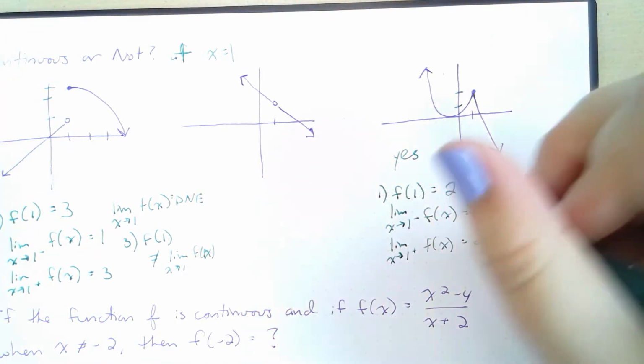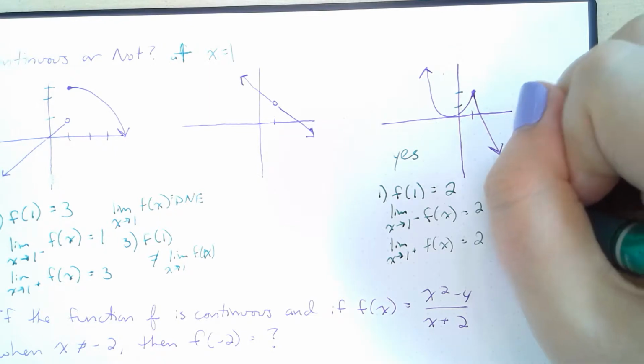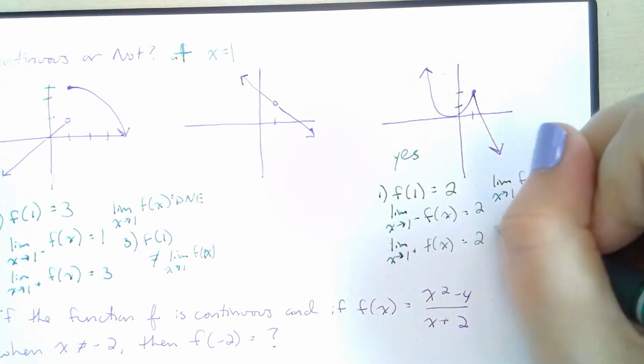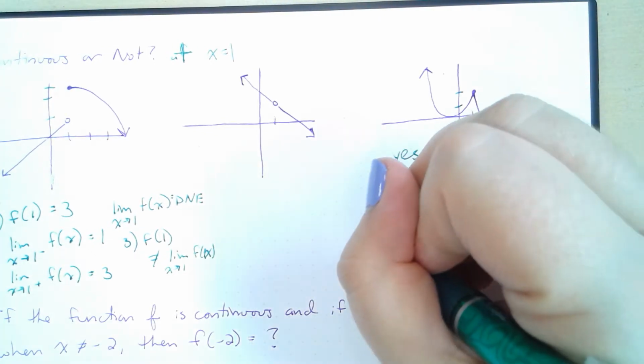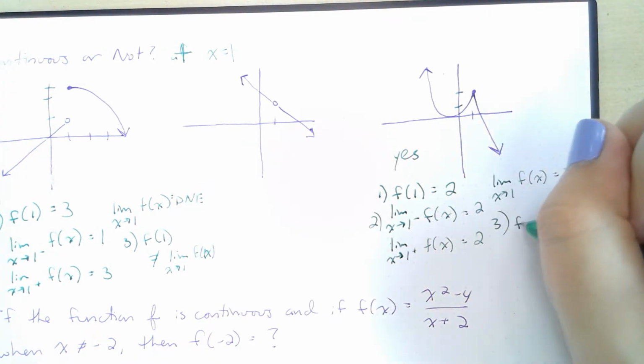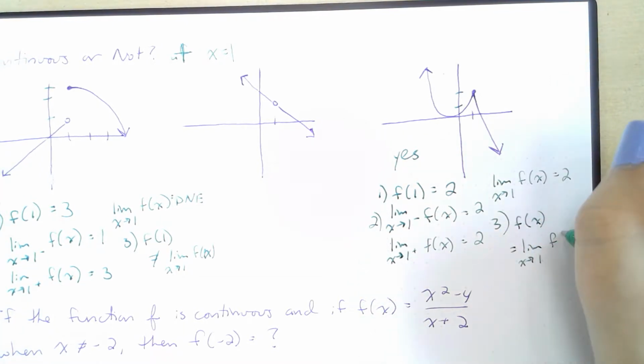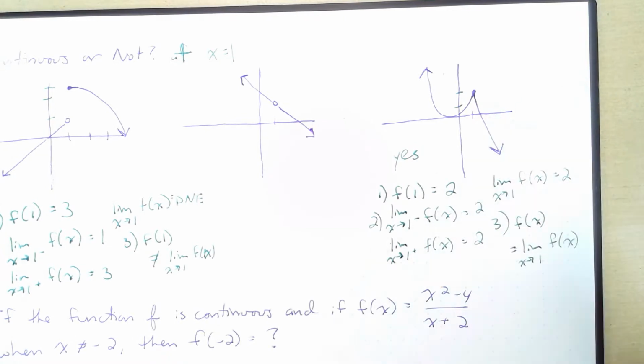So our limit exists: the limit as x approaches 1 of f of x is equal to 2. And for point 3, f of 1 is equal to the limit as x approaches 1 of f of x. Therefore, we do have continuity.